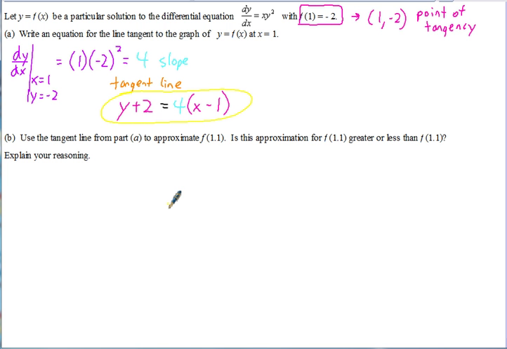And then part B says use the tangent line from part A to approximate f of 1.1. And then is this approximation for f of 1.1 greater than or less than f of 1.1? And explain your reasoning. So again, all you have to do is substitute in 1.1 in for x in our tangent line to see what we get. So when we do that, we'll get y plus 2 equals 4 times 1.1 minus 1.